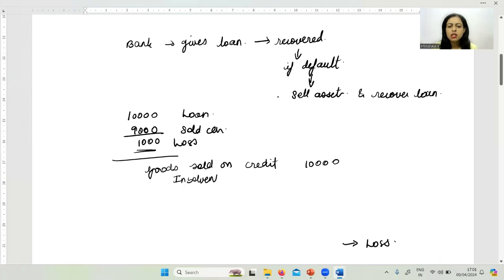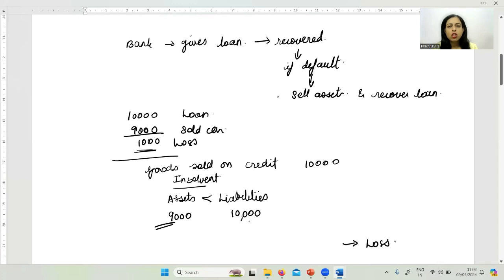Insolvent means his assets are less than the liabilities. So like in this case, for example, the car was worth 9,000 and the loan was worth 10,000. So what has happened here? Even if you sell off the whole of assets, you can recover only 9,000. Obviously, that 1,000 is a loss, right?